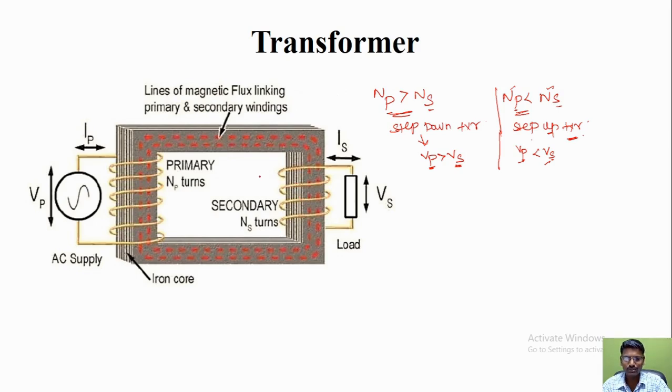This induces an EMF in the primary side, which creates a current that indirectly induces magnetic lines in the secondary windings, so that it creates an induced EMF. Through that, the secondary current Is will flow through the load connected across the secondary winding. So this is the basic principle behind the transformer.